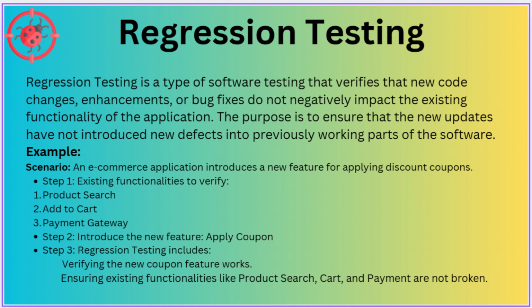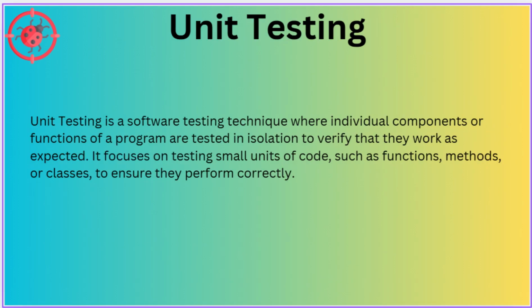In the second step, we introduce the new feature, apply coupon. In step 3, regression testing includes verifying that the new coupon feature works and ensuring existing functionality like product search, cart, and payment are not broken. All functions and features should work properly.